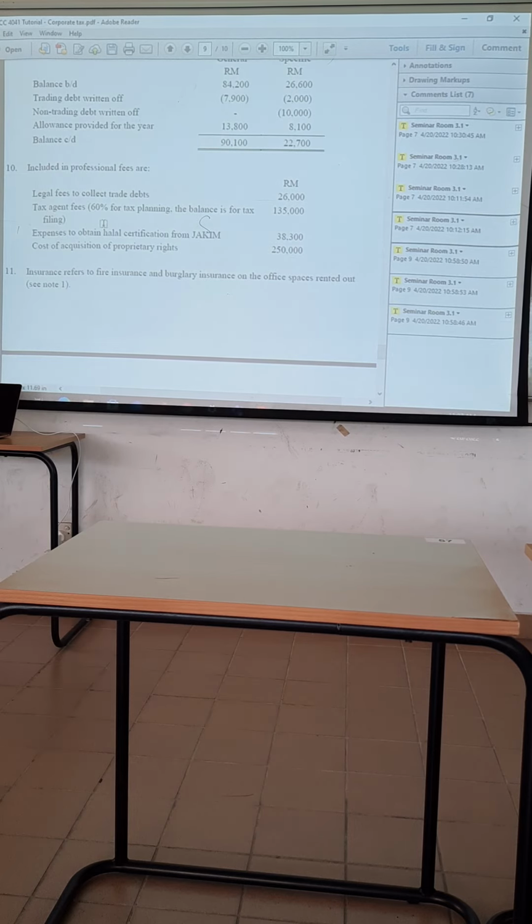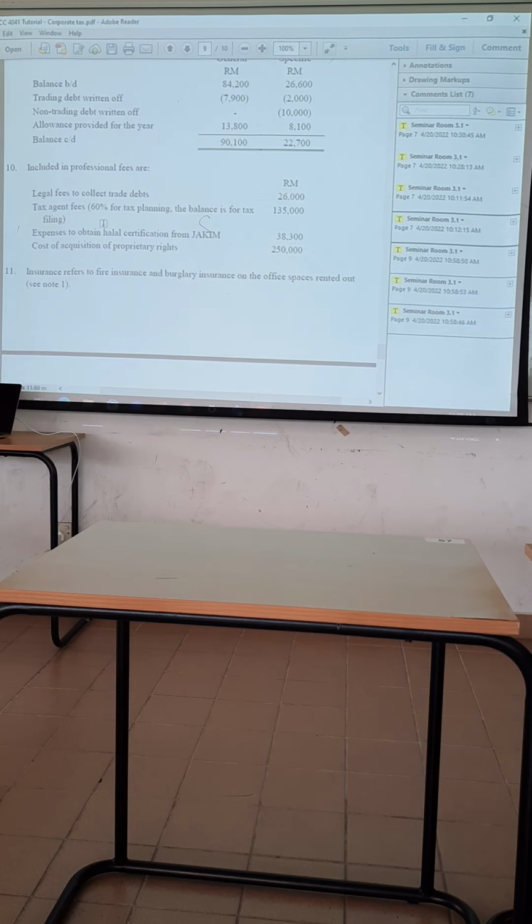Because you incurred 54,000, but the law only allows you 10,000 for tax fee, so the difference you have to add back. So clear, 44,000 add back on the compliance or tax filing. The advisory have to add back 81,000. So there are two lah kat sini. You have to show me both.